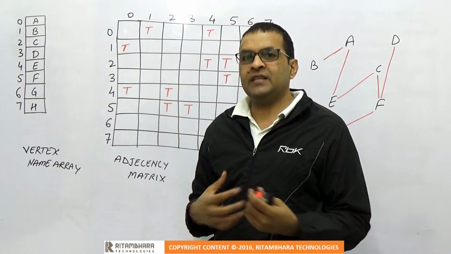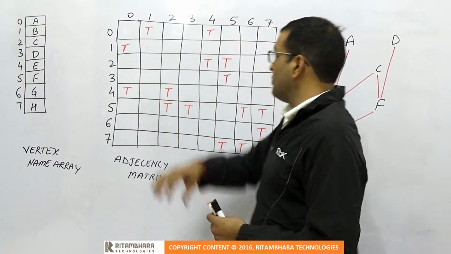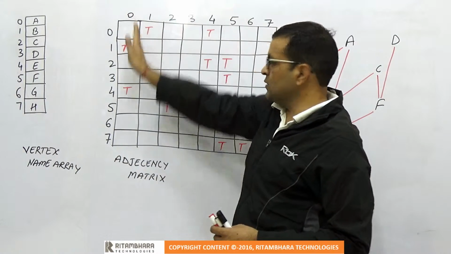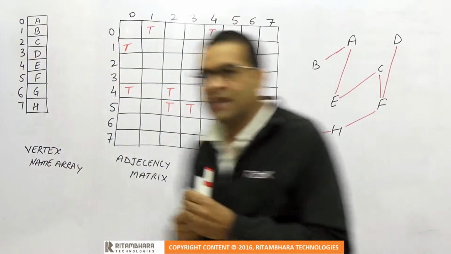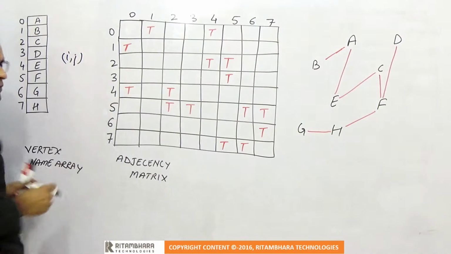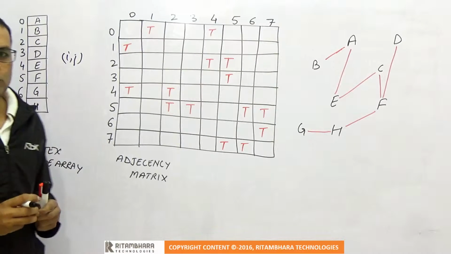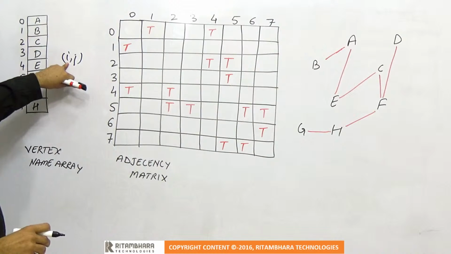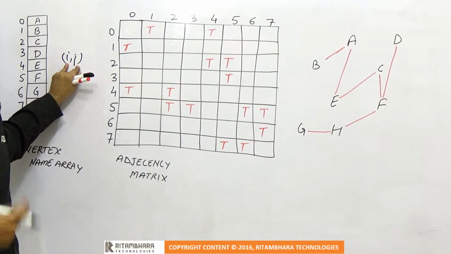When we represent it in a matrix, there is one row for each user and one column for each user. Cell ij will be true if the user at i is friend with user j.